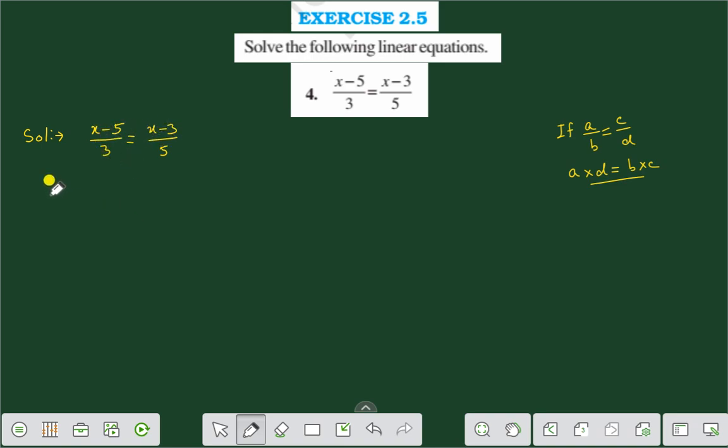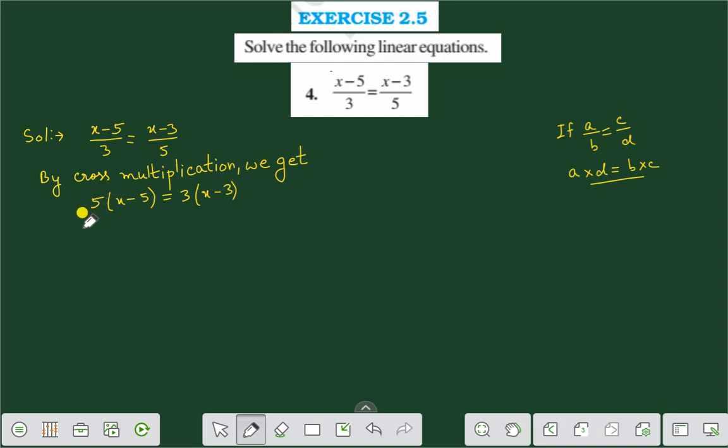By cross multiplication we get this into this, that is 5 into x minus 5 is equal to 3 into x minus 3, right?